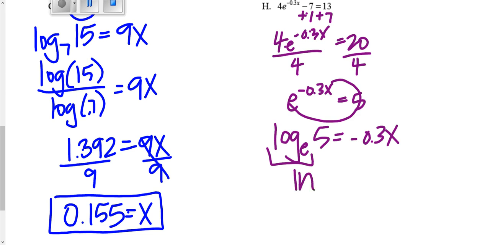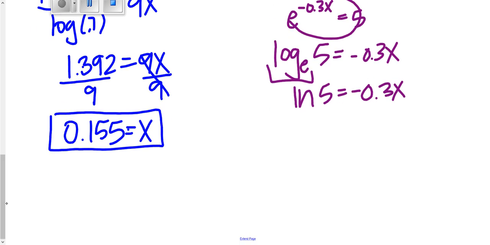Okay, last thing that's kind of crazy on this problem is log base e is actually the same thing as the natural log, which is ln. The reason that that's helpful is on your calculator, you actually have an ln, a natural log button. So look for that real quick. It's usually really close to the log button. So I'm going to hit ln 5. And the natural log of 5 is 1.609.